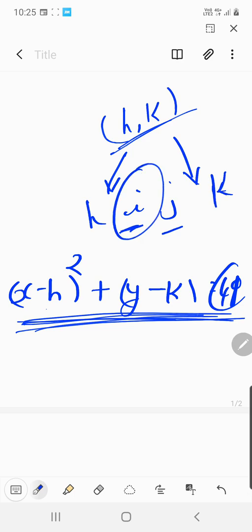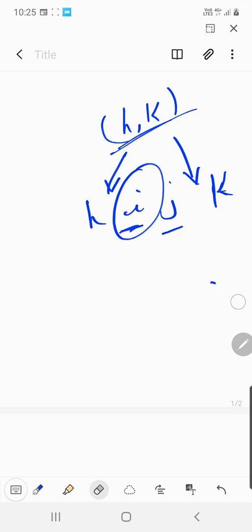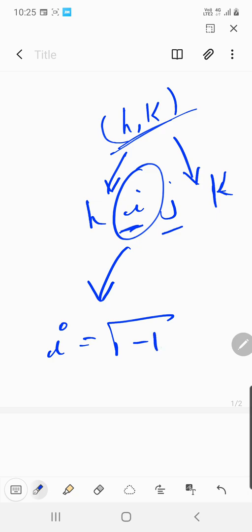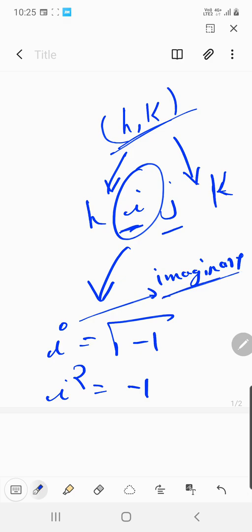The i is actually an imaginary number, not in this context, sort of a switched context. It is square root of -1, and i square is equal to -1. Think of i as imaginary complex numbers, where the square root of a negative number is not real.